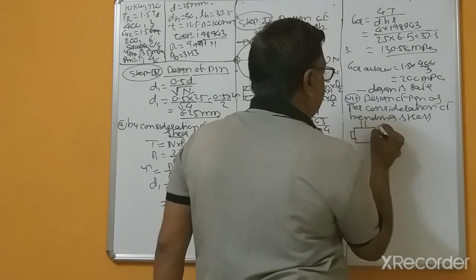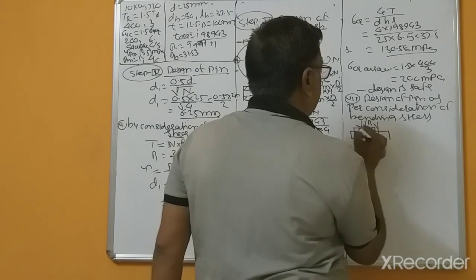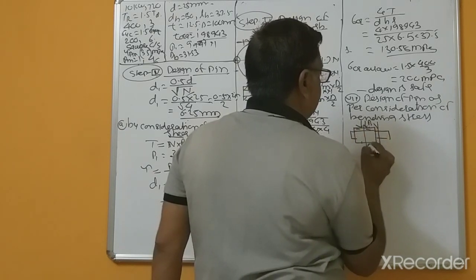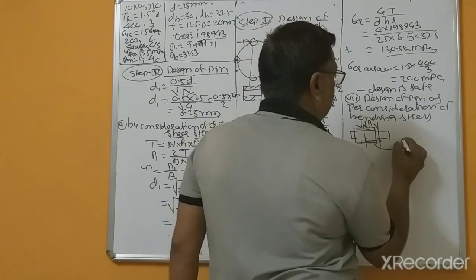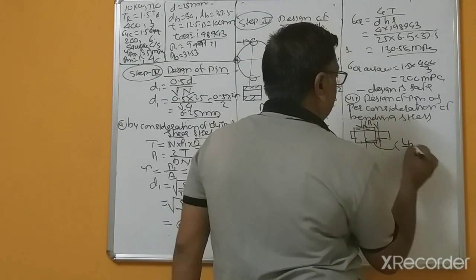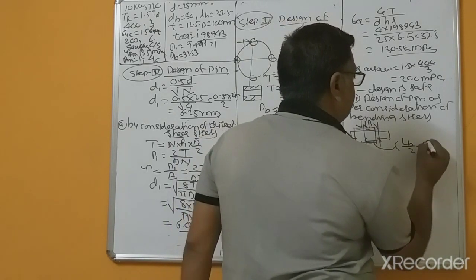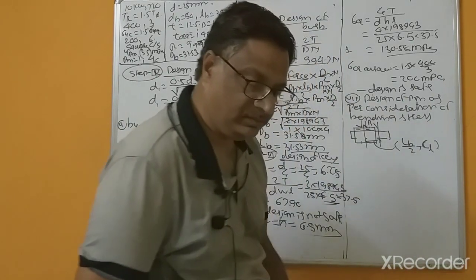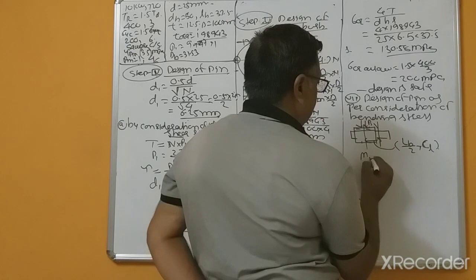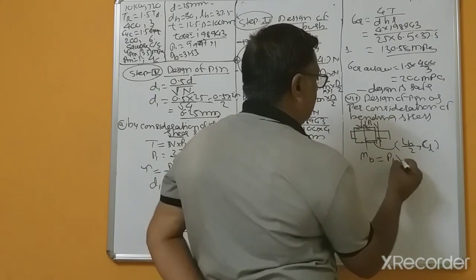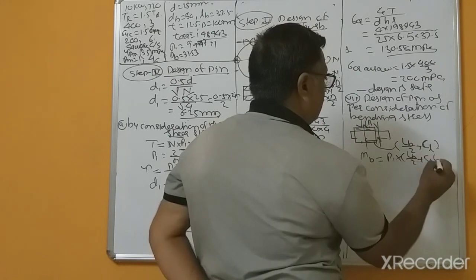And this is force acting and this is clearance. Force P1 acting. So this distance equal to length of the bush divided by 2 plus clearance, and this is clearance CL, and this is MB equal to P1 multiplied by length of the bush plus CL.